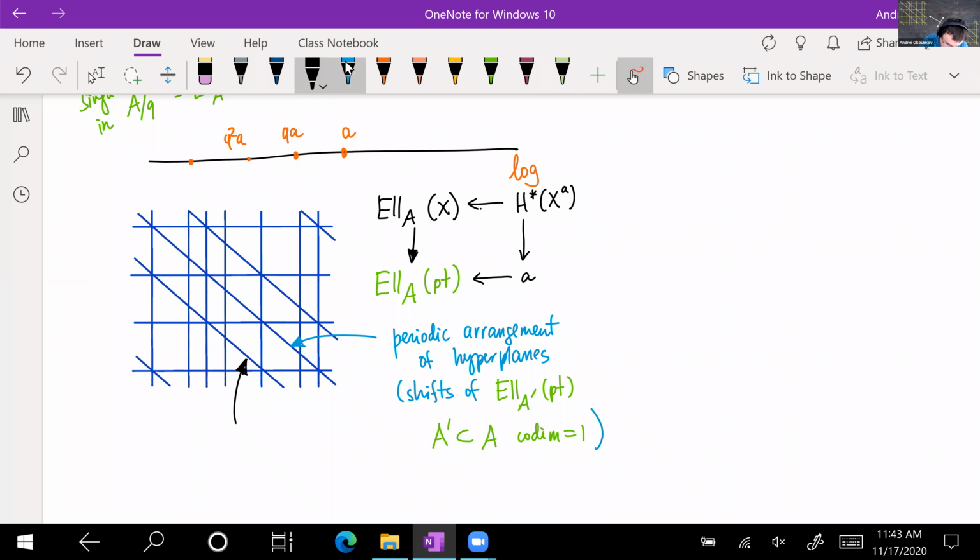And so this means where this fixed locus changes, so these hyperplanes are the points H such that the fixed locus is not equal to the fixed locus of the whole torus.